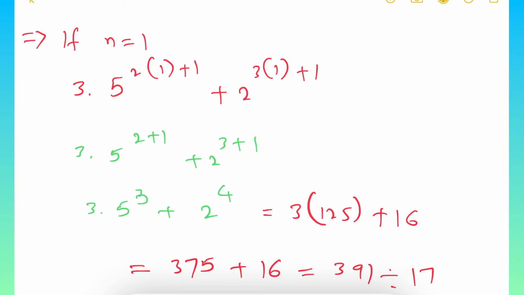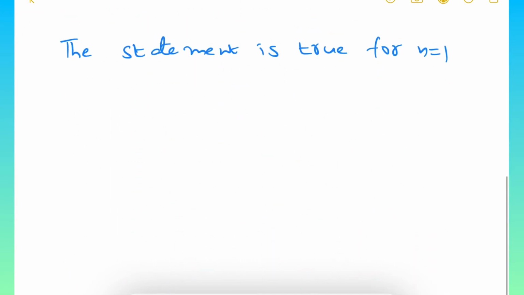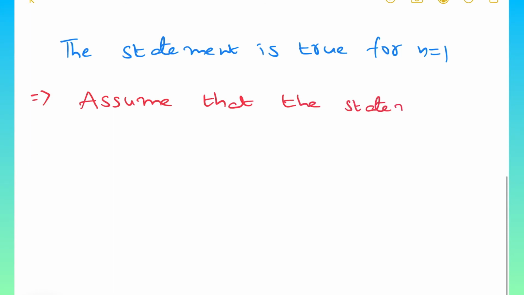Next, second step, assume that the statement is true for n equals k. Assume that the statement is true for n equals k. So simply in the place of n we need to substitute k.